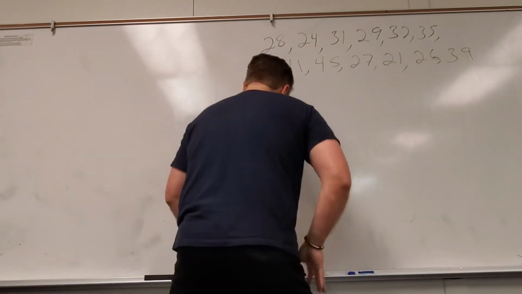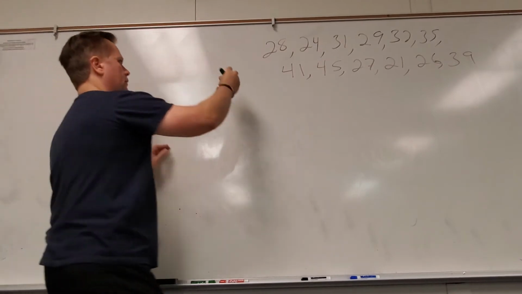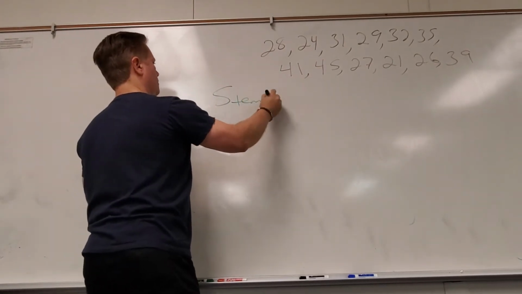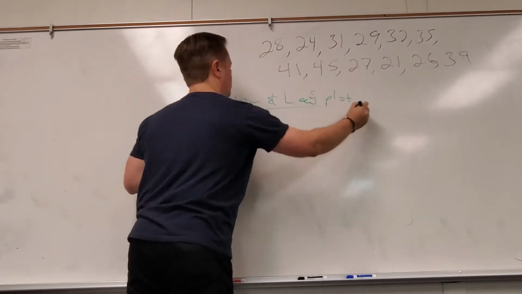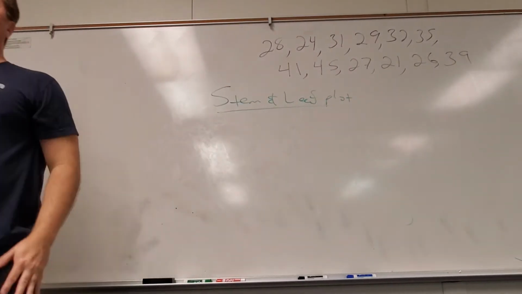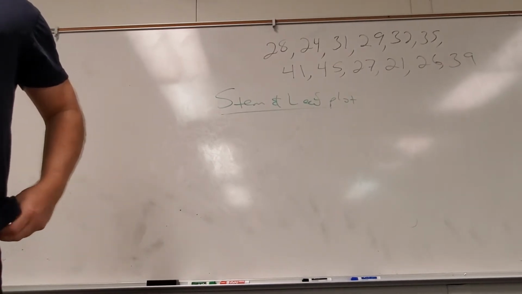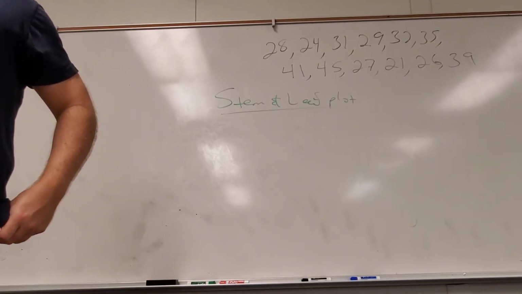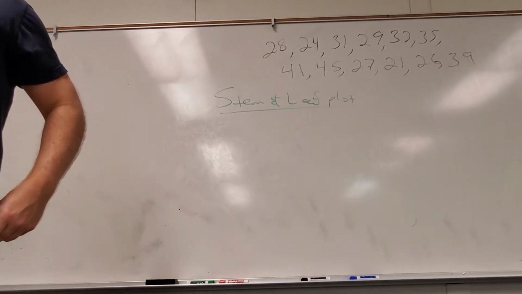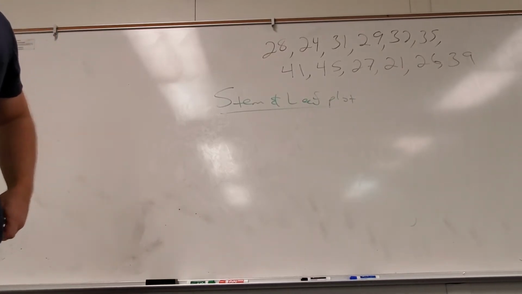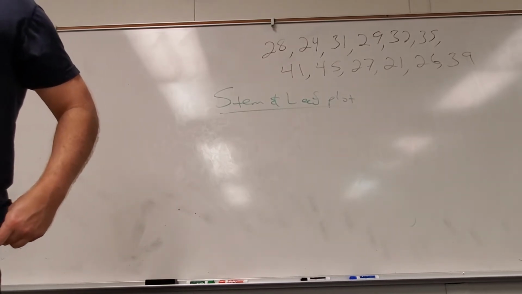First thing I want to do: there's something called a stem and leaf plot. The book calls it a stem plot, but it is a stem and leaf plot. Thank God, it's not really weird at all, though it sounds like it will be. What is it about that data that's repeated?